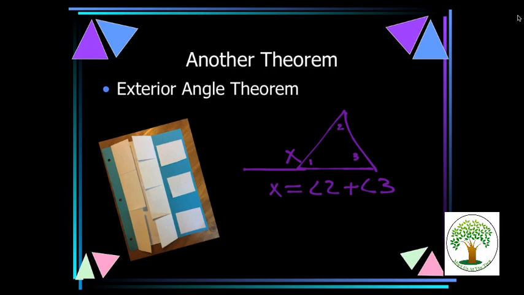When you write this in your postulate book, feel free to draw this picture and write this equation, so that when you look back at it, you'll know what's going on. So to find this exterior angle, I add the furthest 2 angles away from it, but on the inside. Okay?